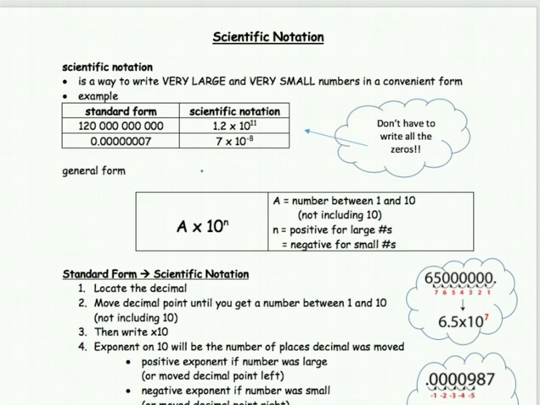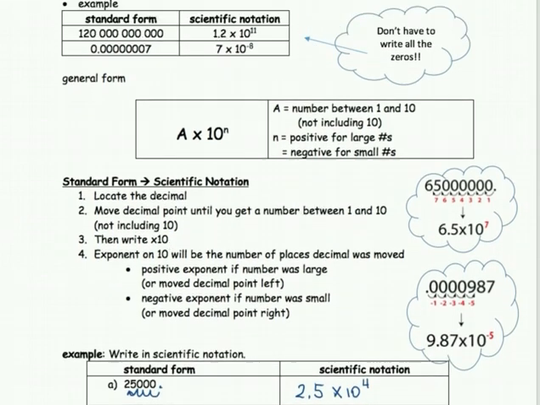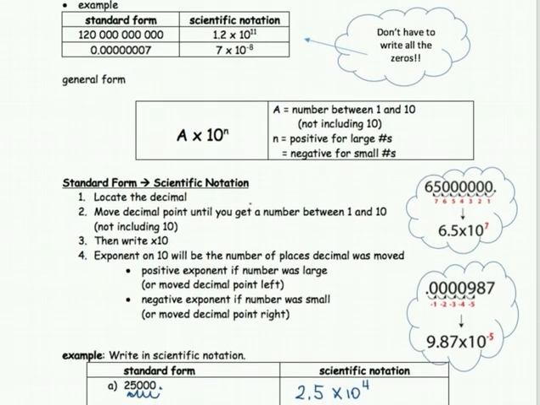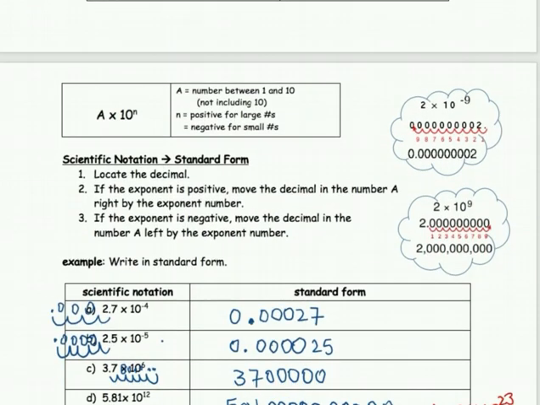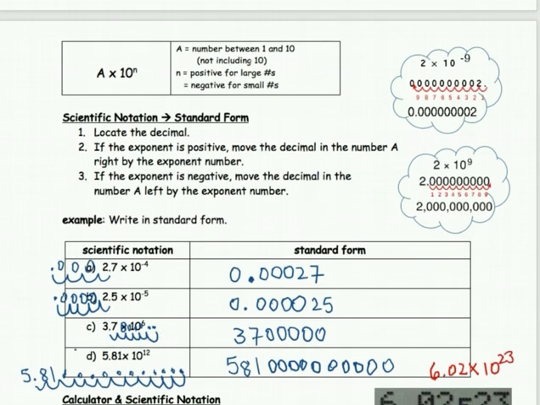So we started off with changing from standard to scientific notation, trying big numbers and tiny numbers. Then we reversed it. We were taking it back out of scientific notation and putting it in standard form.